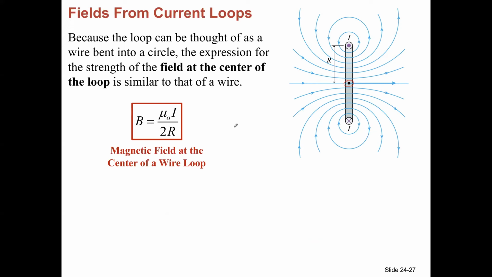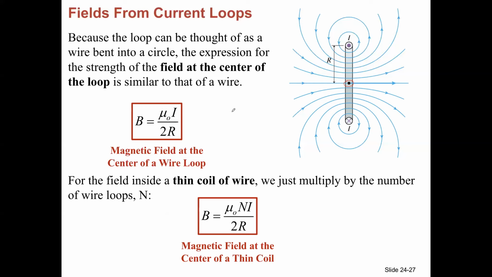Formula number 3 is really just a different version of this one. Maybe we don't have just one loop, but we have two or three, like we've wrapped a little coil, or we have several different loops of current stacked on top of each other. Maybe we want to find the total magnetic field from that stack right at the center.